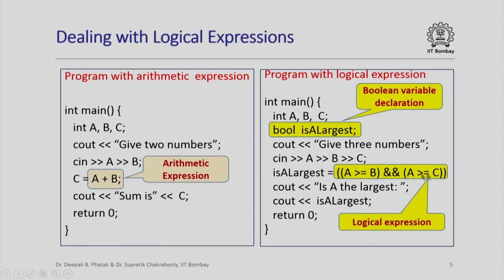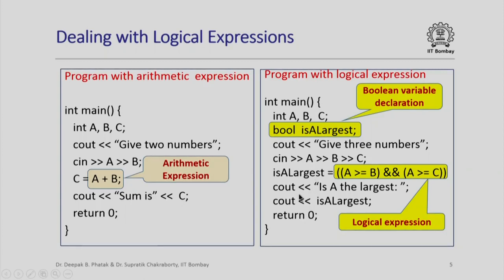We will look at the details of this in a few minutes in this lecture. But let us for the time being identify this as the counterpart of an arithmetic expression that we had in our earlier program. This is a logical expression, it will evaluate to a boolean value true or false, and that will be assigned to this boolean variable is a largest.